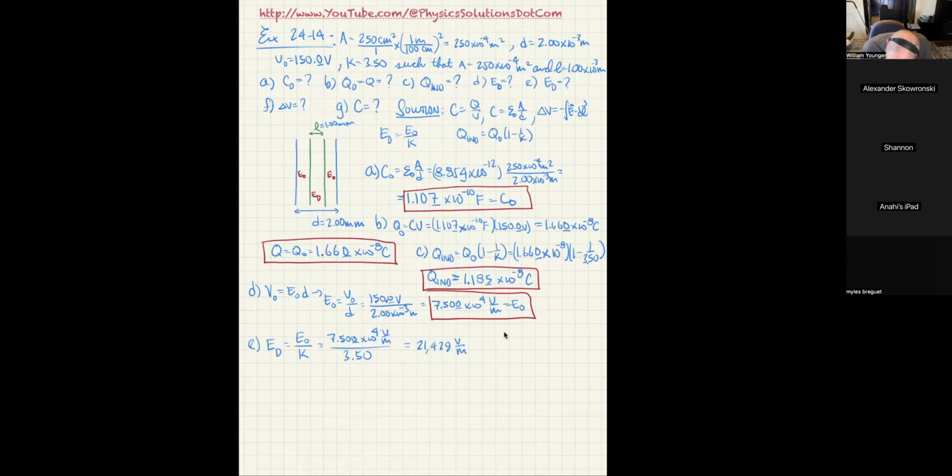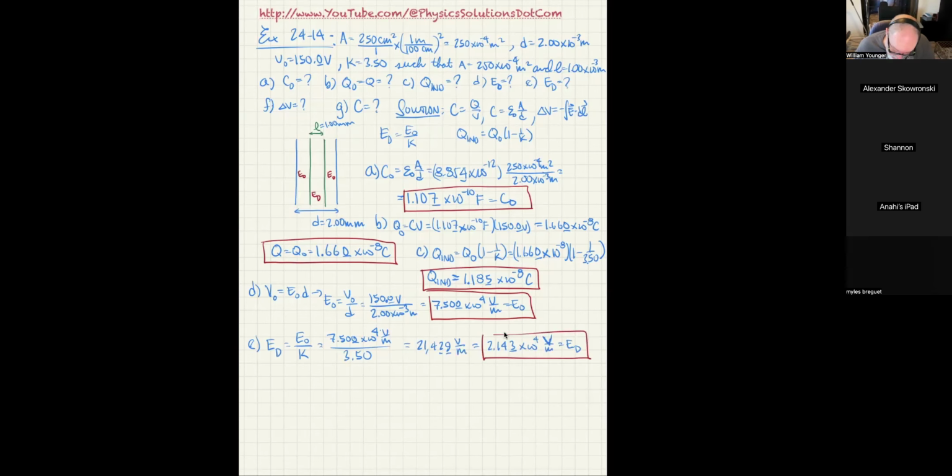We only had three sig figs though, so we're going to say this is 2.143 times 10 to the fourth volts per meter, the electric field strength in the dielectric. So I can circle that off as well.